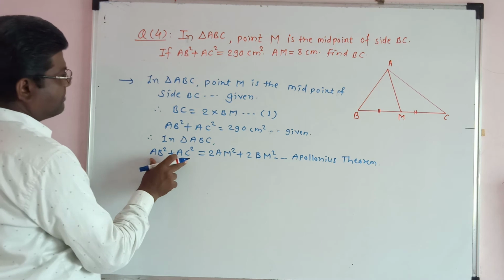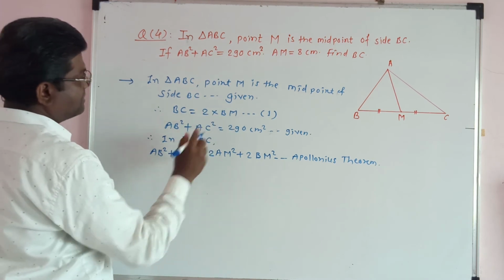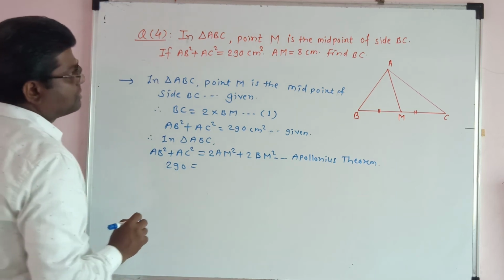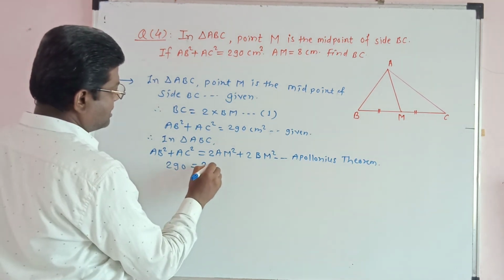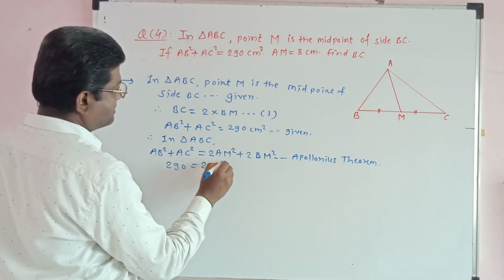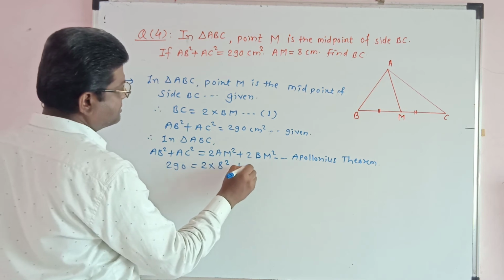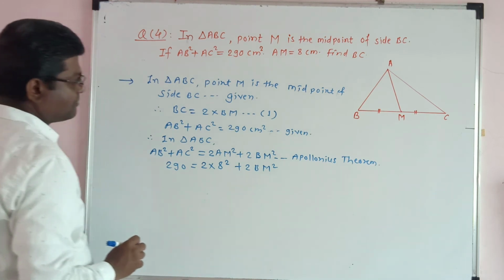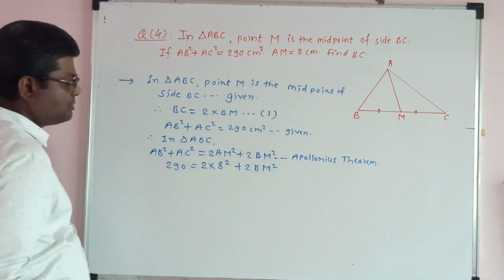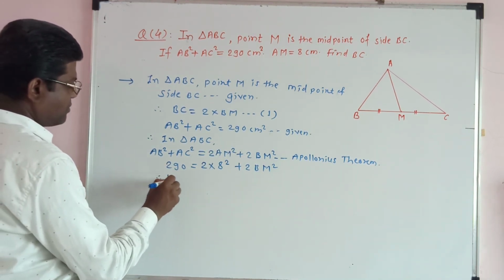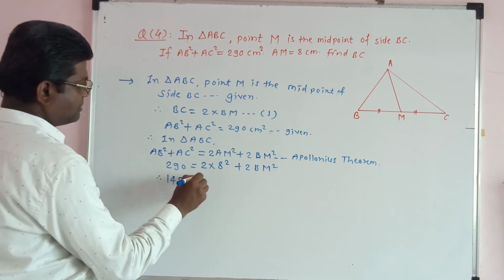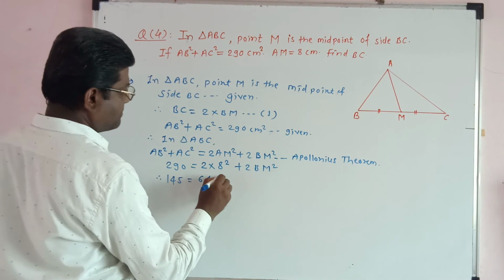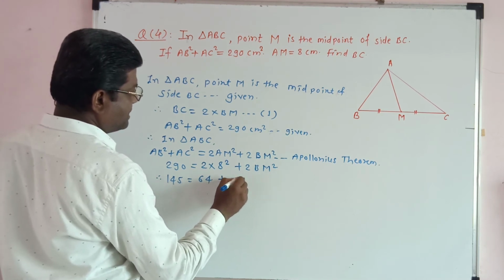Now AB square plus AC square is 290, which is equal to 2 into AM square, that is 8 square, plus 2 into BM square. Divide both sides by 2. Therefore 145 is equal to 8 square, which is 64, plus BM square.